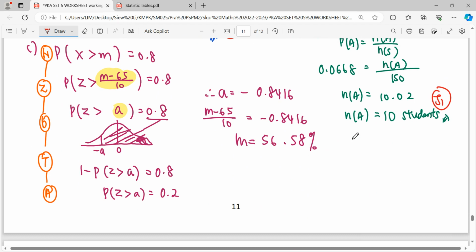Lastly, for part C, firstly identify the mathematical symbols from the question, then start to change it to z-score or identify it from the table. So read the value of A to get the final answer.